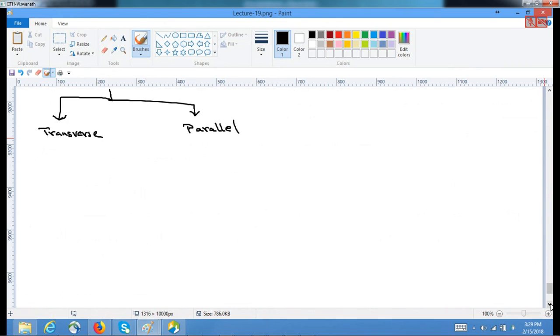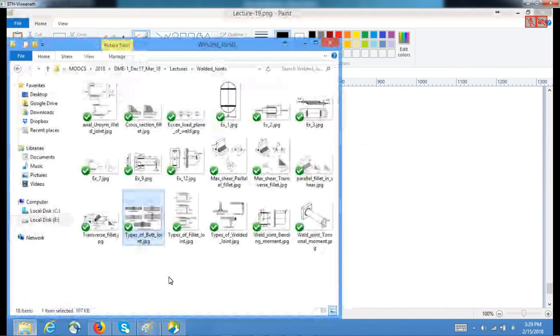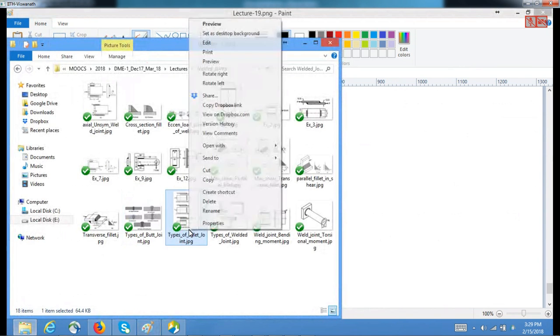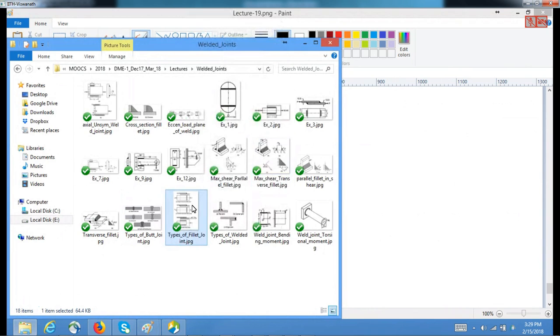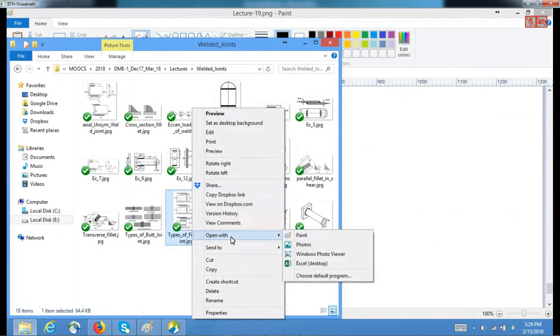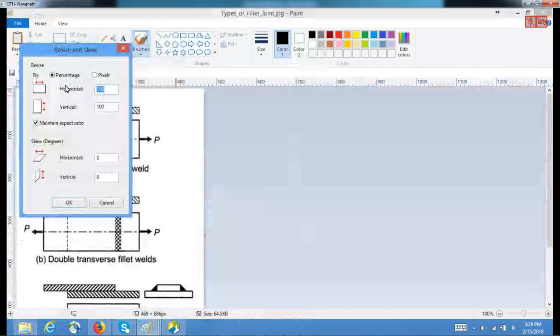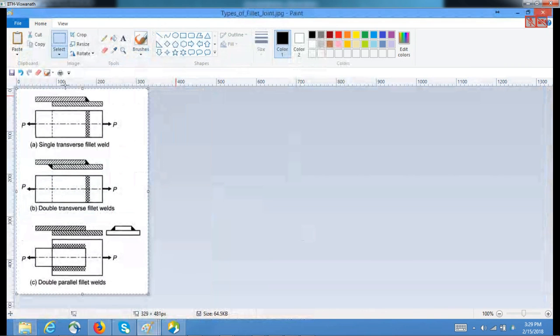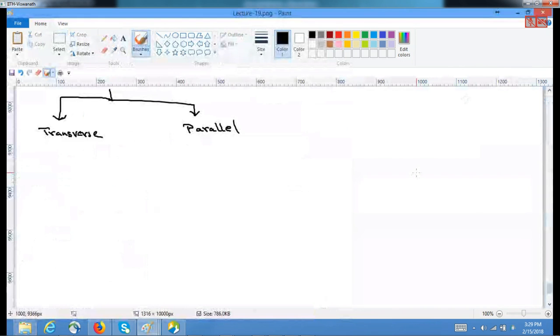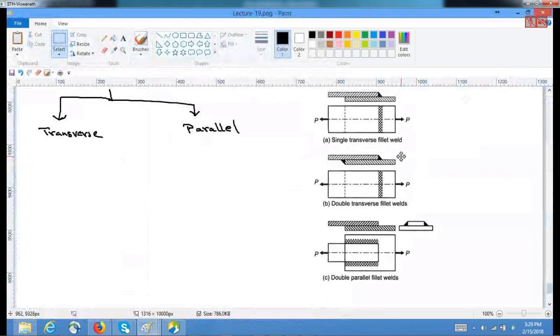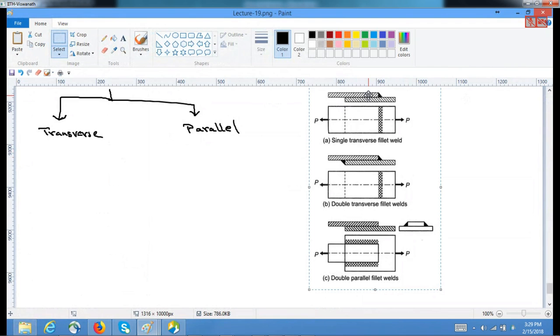So we will show you a picture. As you have seen here, this is one and this is another.